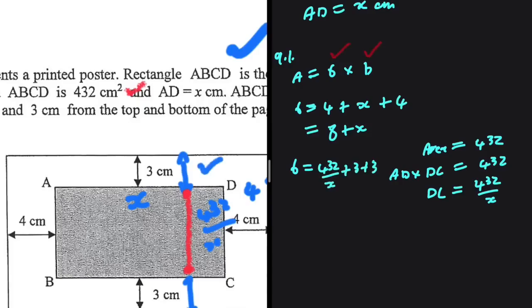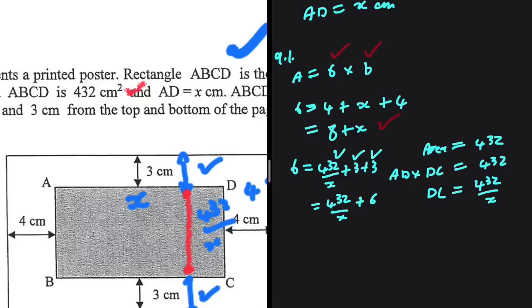These 3 right here from D to the poster, and this 3 from C to the poster, plus 432 divided by x, which is the length of DC. So the breadth will be equal to 432 divided by x plus 6.